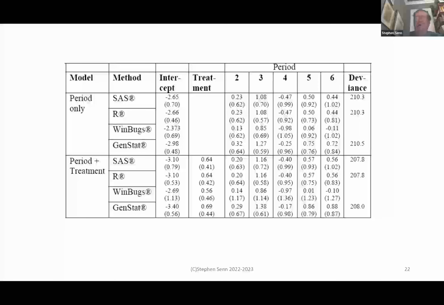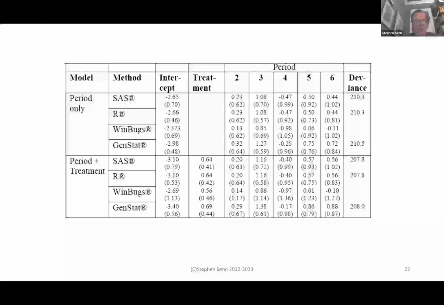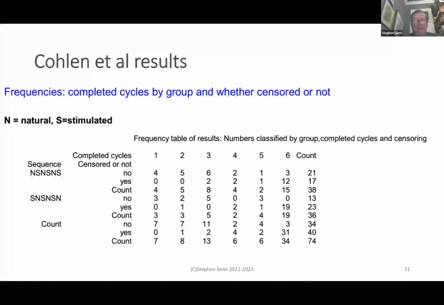So now here we've carried out 2 analyses. We first of all carried out a null analysis in which we don't use the treatment effect, and we only fit the period effect, and of course the subject effect is fitted. And then a second one in which we use period versus treatment. By the way, note that really one hasn't used much in the way of randomization here.